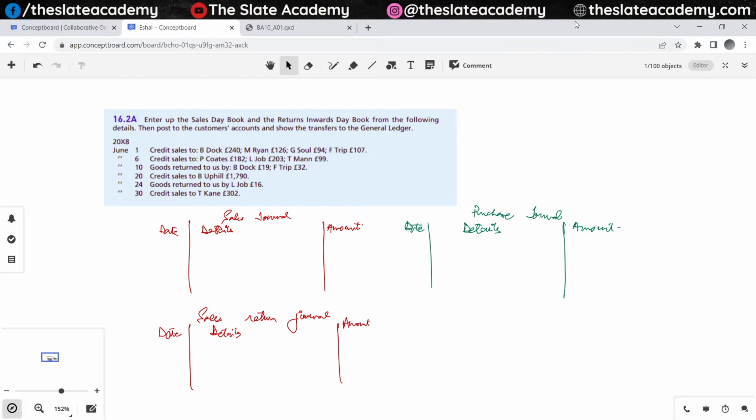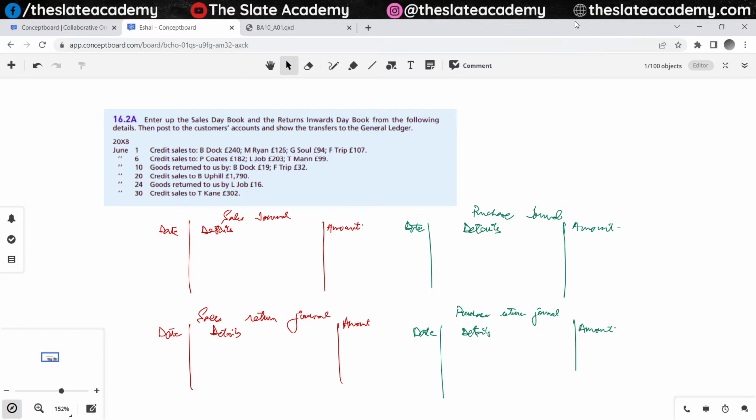And for purchase return journal, there would be 3 columns: date, details, and amount.